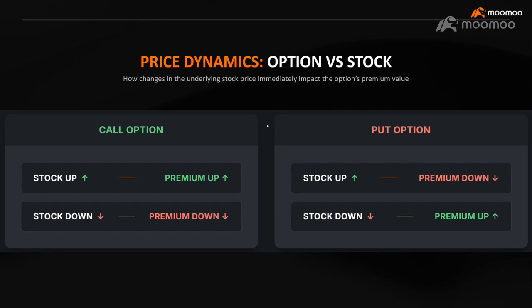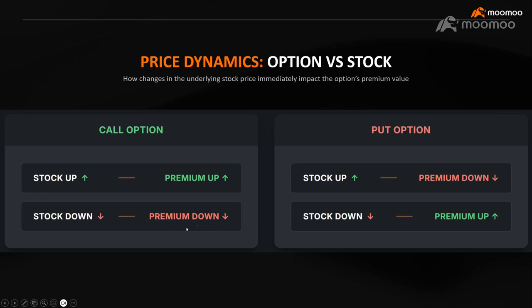For call options, in general terms, when the stock or the underlying goes up, your call option premium will usually be going up. But if your stock goes down, your call option premium will be going down as well.